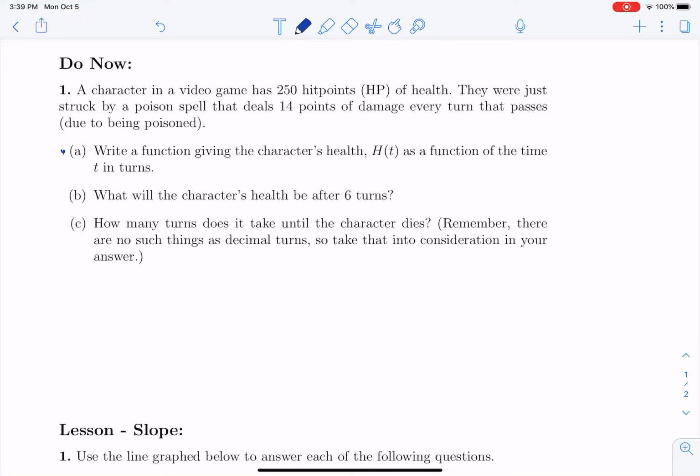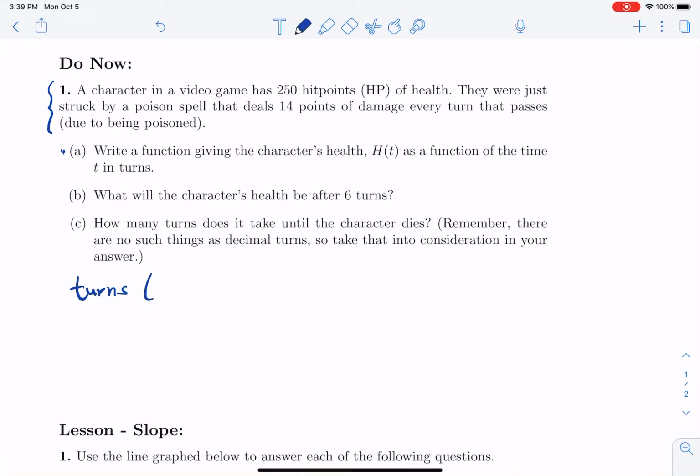Now, although it looks different, we can think of this problem the same way we thought of the problems involving patterns from the previous lesson. So let's make a table that might help us see what's happening here a little bit better.